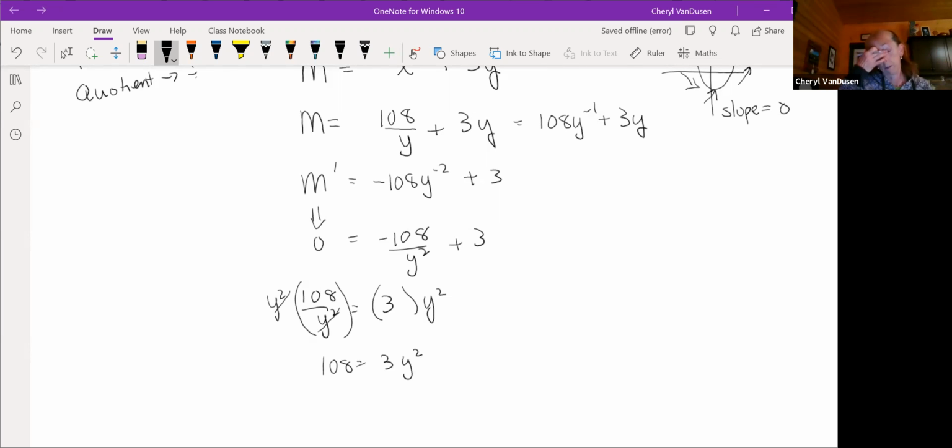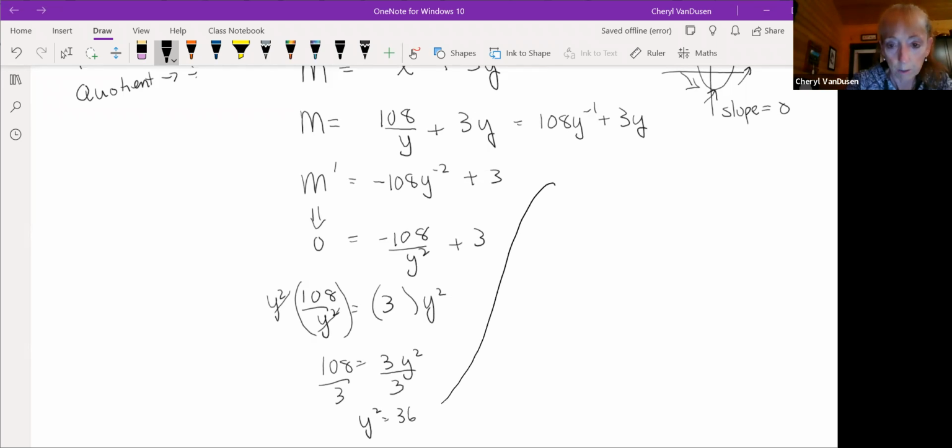And now that's a fairly easy quadratic, not even a factoring question to solve. We can divide both sides by 3, and we get y squared equals 108 divided by 3, which is 36. And I'll just come up here, and we get y is equal to the square root of 36. So therefore, y is equal to 6.